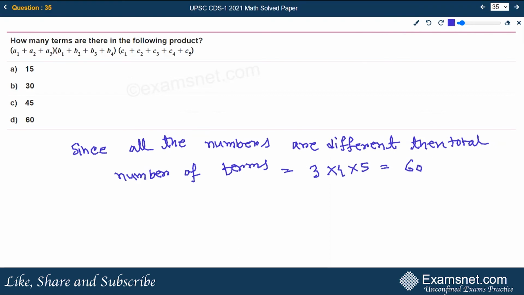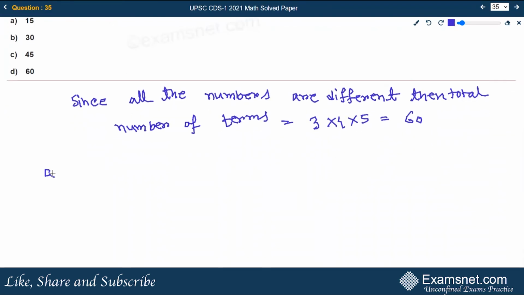You know how? If I give you a small example, a plus b times c plus d plus e. Let's multiply it. You will get ac, ad, ae, also bc, bd plus be. Correct? How many terms are there? 1, 2, 3, 4, 5, 6.